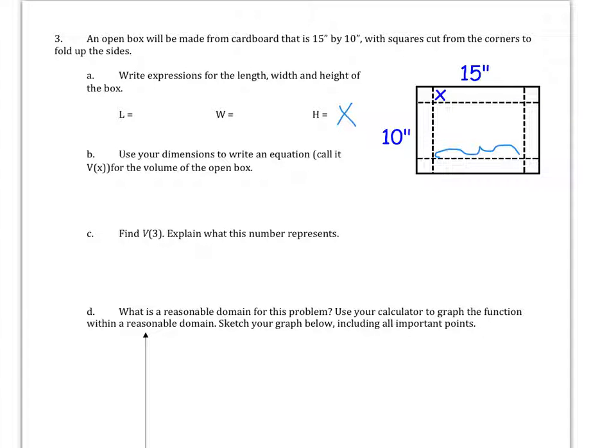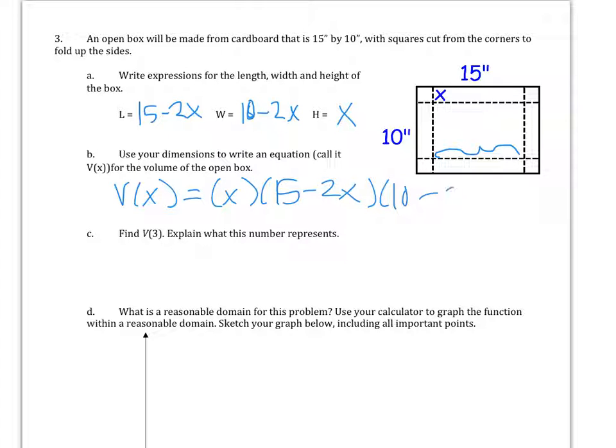So it's this 15, but minus the x's on either side. So our length we can call 15 minus 2x, and likewise our width is going to be 10 minus 2x. Use your dimensions to write an equation for the volume of the box. So V of x equals x times (15 minus 2x) times (10 minus 2x).